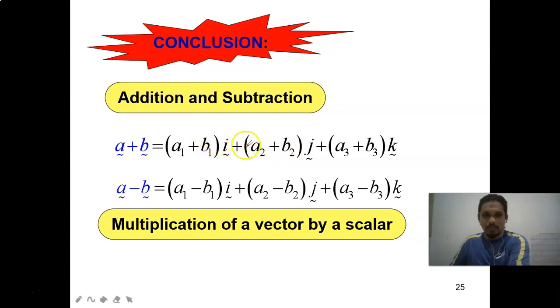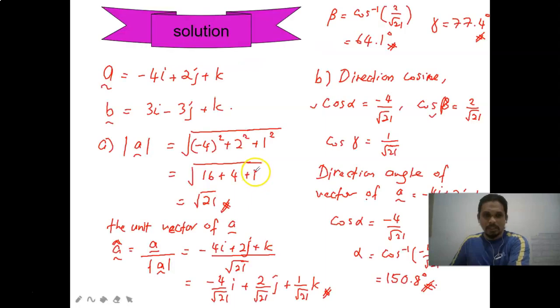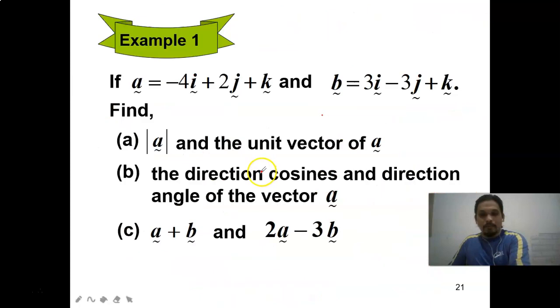Wait a minute, I think I only answered question A and B. I only answered the question of A and also question of B, so I forgot to continue with the question of C. Okay, never mind.